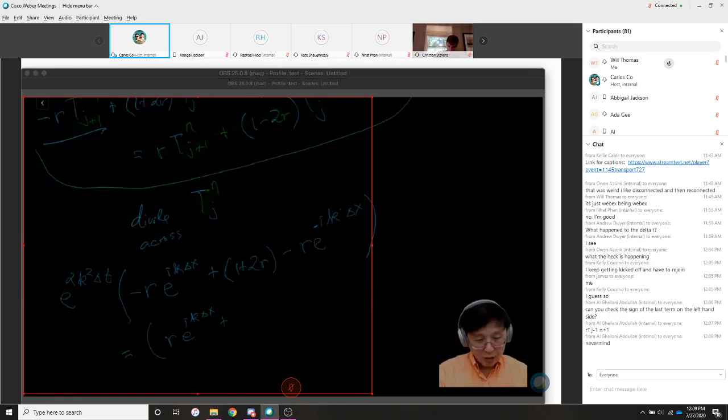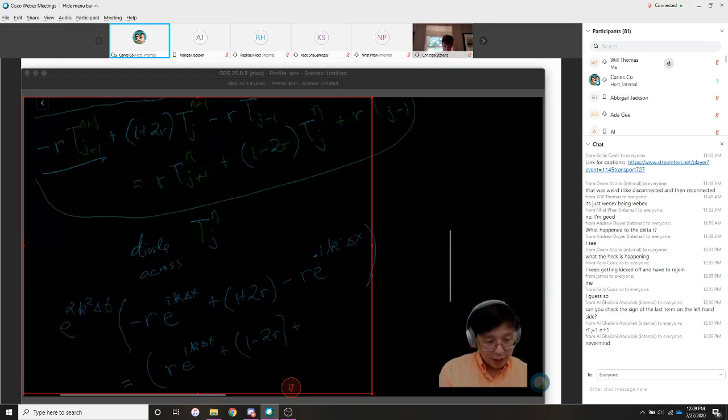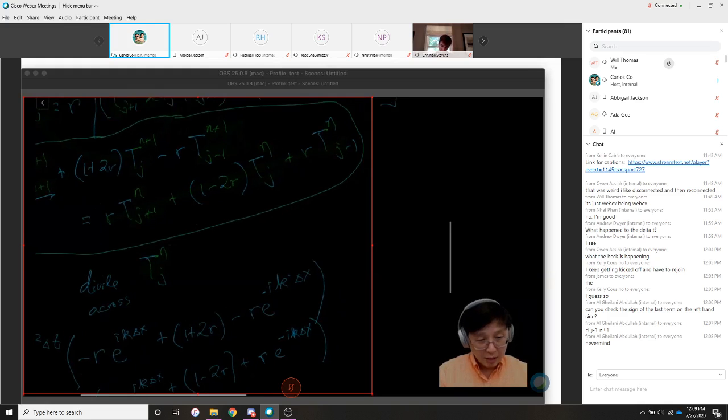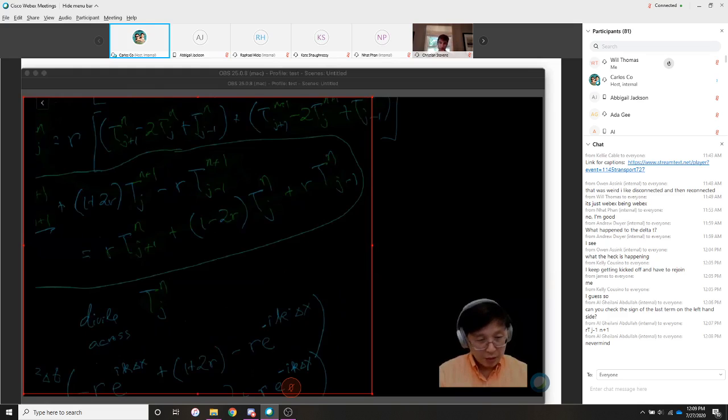Plus this one here is 1 minus 2r, right? And then plus this last one is going to be an r e to the minus I k delta x, because we shifted it by -1.